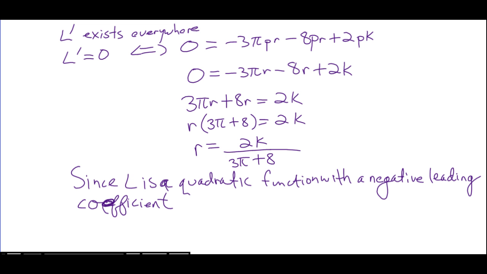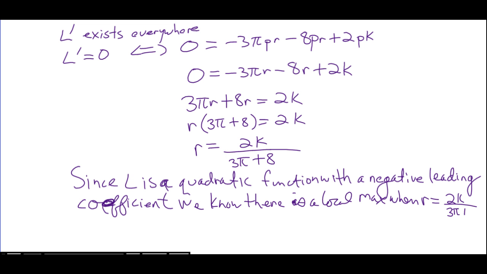Coefficient. We know there's a local max. Okay, so we know there's a local max when r is equal to 2k over 3 pi plus 8.